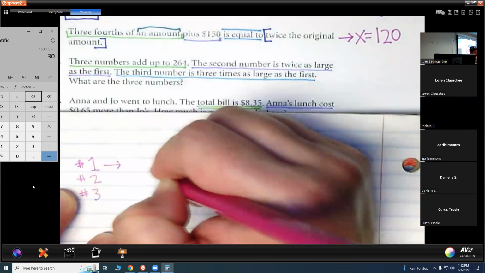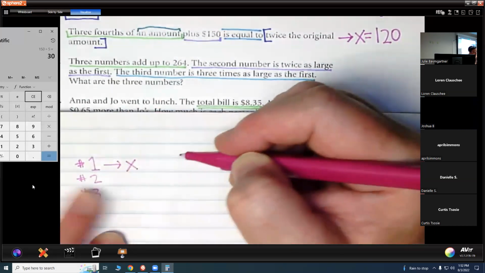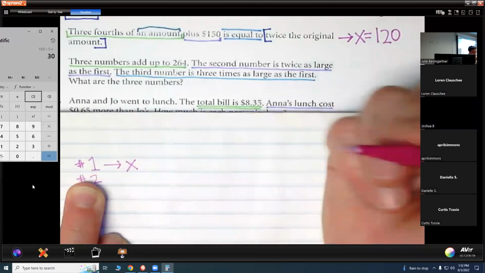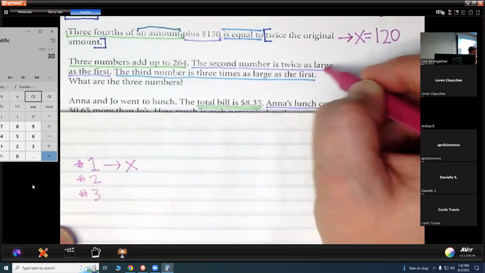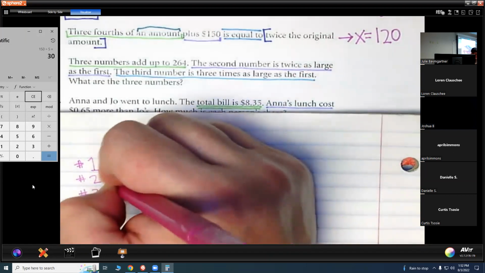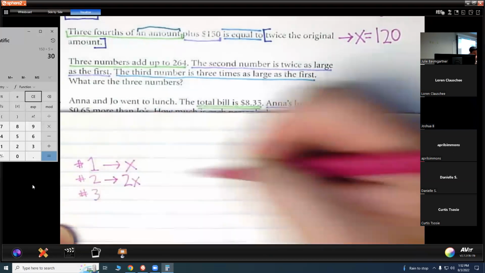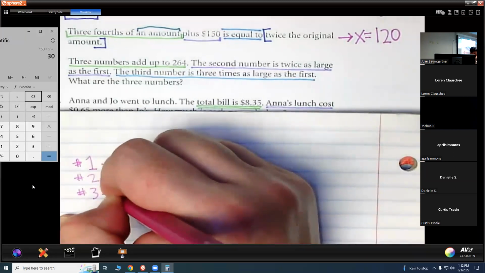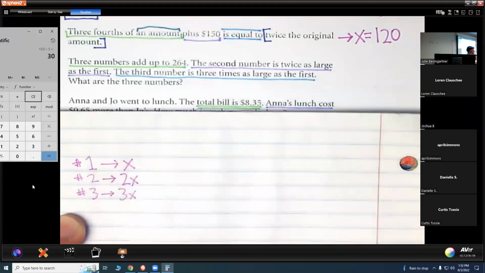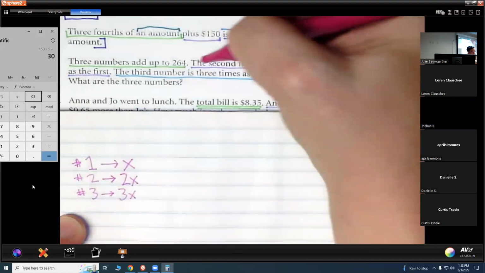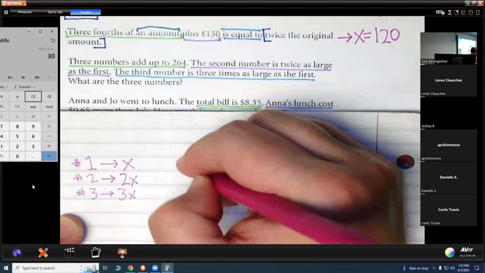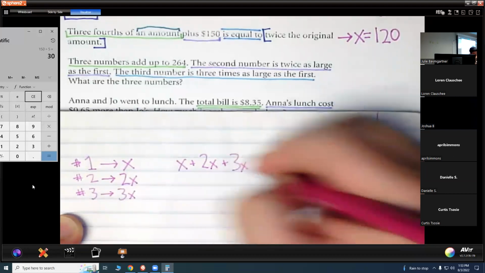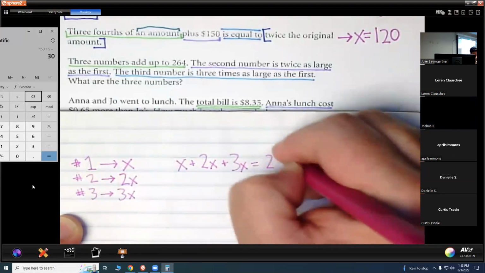So similarly, we're going to call number 1 x, and then the second number is twice as large, so it's 2x. And then the third number is 3 times larger than the first. And then we go back to our beginning: the 3 numbers, x plus 2x plus 3x, add up to 264.